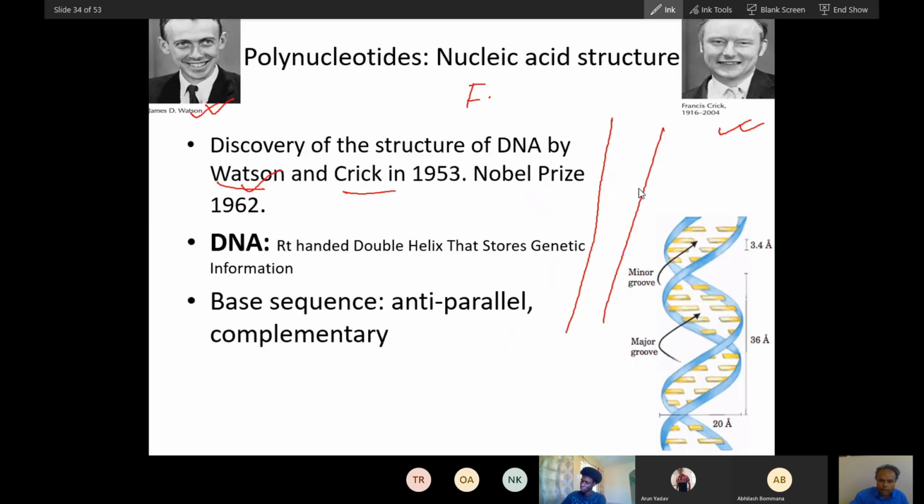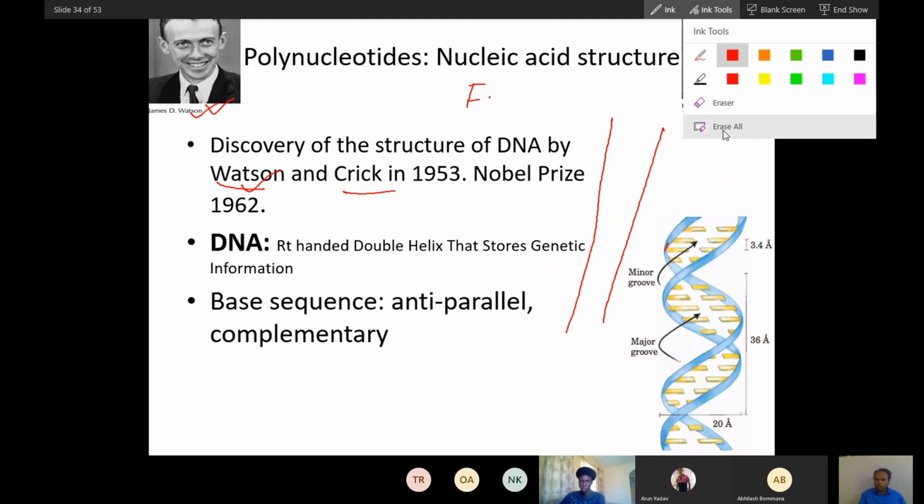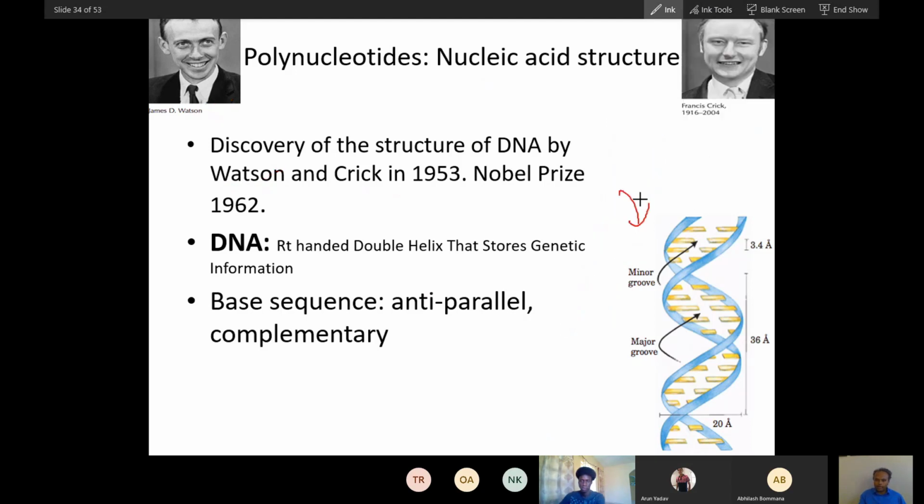That is why they try to hide from the water, and that is why they rotate, providing the core and limiting the hydrophobic region in contact with water. That is why DNA rotates, in order to give it stability.